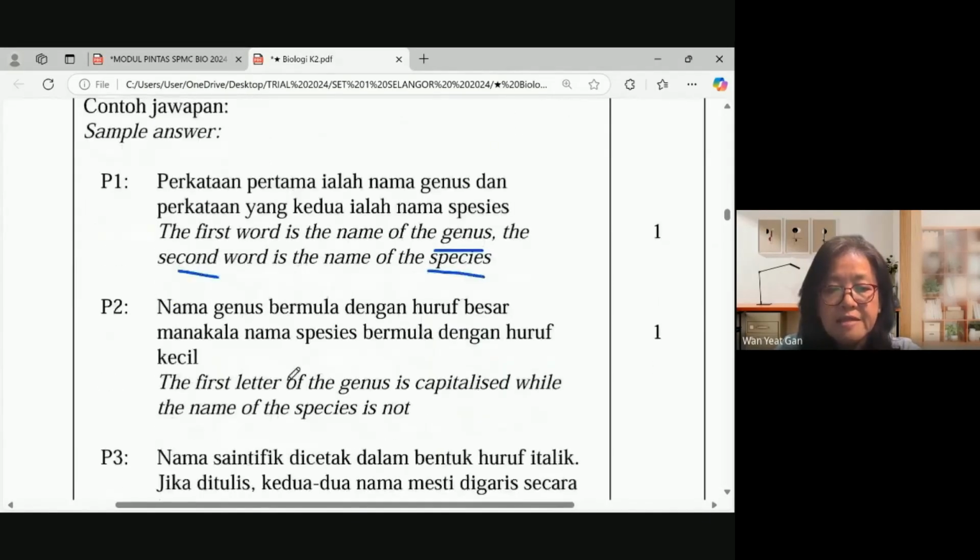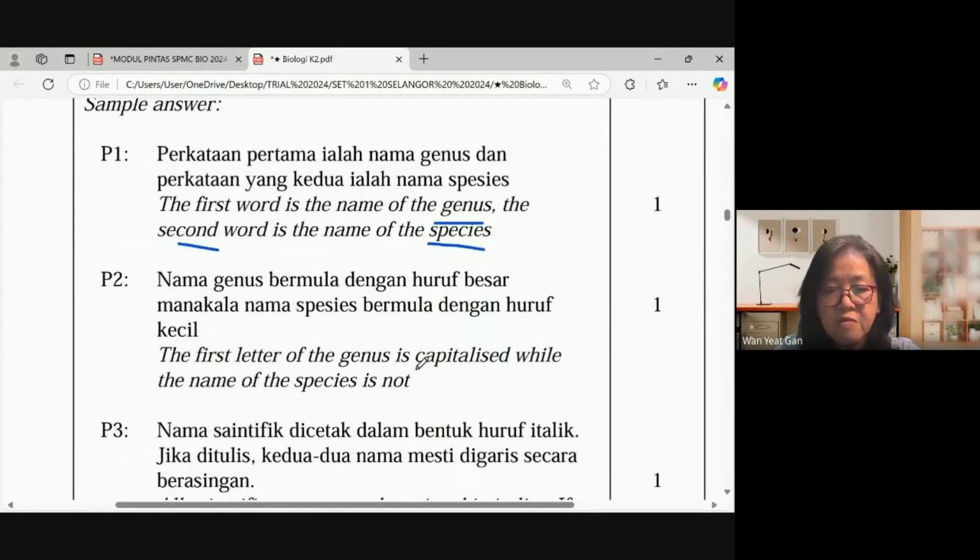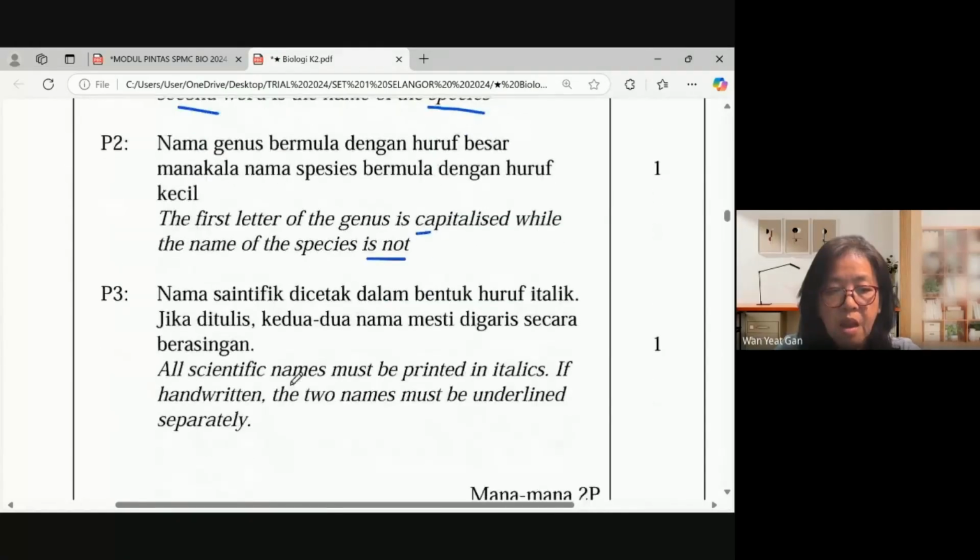The first letter, which is the genus, must be capitalized, while the second name is written in small letter. All scientific name must be printed in italic, and if it's handwritten, the two names must be underlined separately.